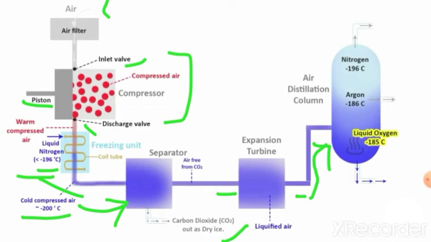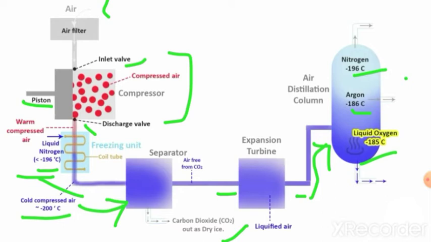In distillation we make use of the principle of relative volatility. There are many components in the air, like nitrogen, argon and oxygen, and all three have different boiling points. That is, at different temperatures they start boiling and forming their own vapors. The boiling point of nitrogen is minus 196, that of argon is minus 186, and that of oxygen is minus 185 degrees Celsius.